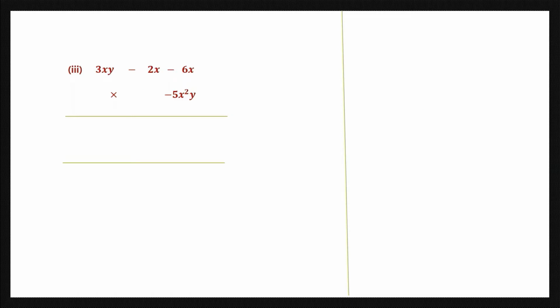Question 3. Here we're going to multiply minus 5x squared y with each term in the polynomial. So let's start. Minus 5x squared y into 3xy. So first the numbers, minus 5 into 3. Now let's take the literals. We have x squared into x and then we have y into y.